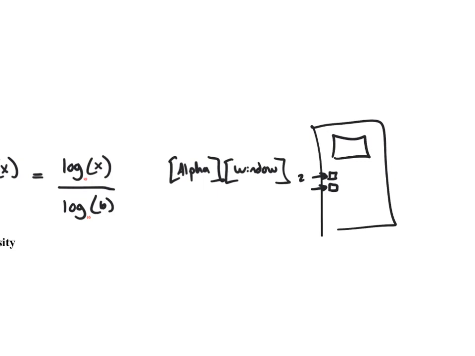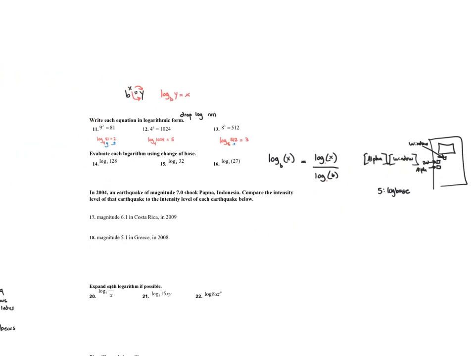Here's the second button. Here's alpha. So we'll need alpha, and then right there is your window button. And once we do that, when we hit alpha window, you'll then see that option 5 is log base. And that will give you the same answer.